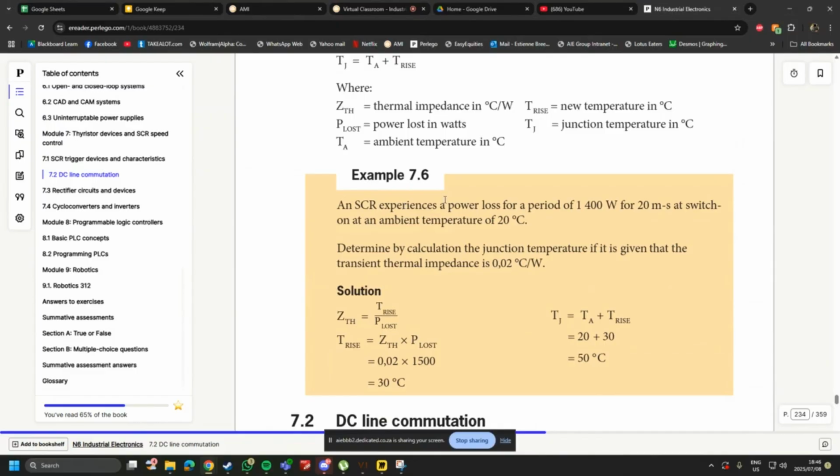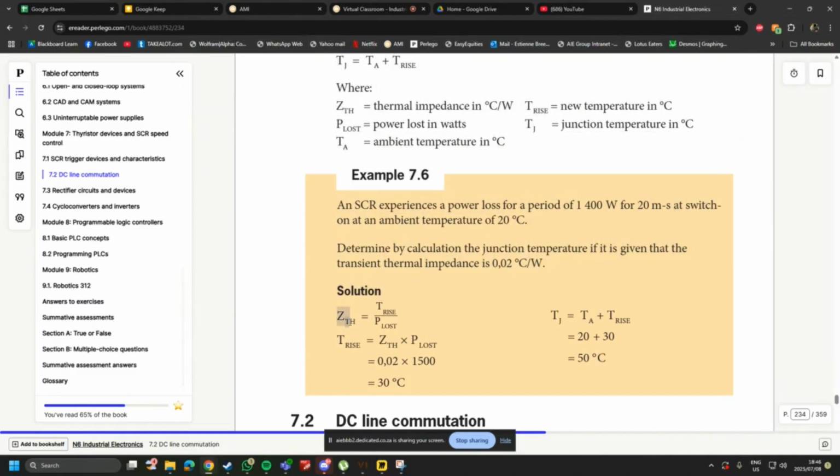Switching it on from cold conditions, you're going to get essentially a transient period for the temperature as well, whereby the SCR, for this particular example, is going to dissipate 1,400 watts of power for 20 milliseconds at switch on with an ambient temperature of 20 degrees C. And what is usually done here is you also want to check if your SCR is actually going to survive the process, right?